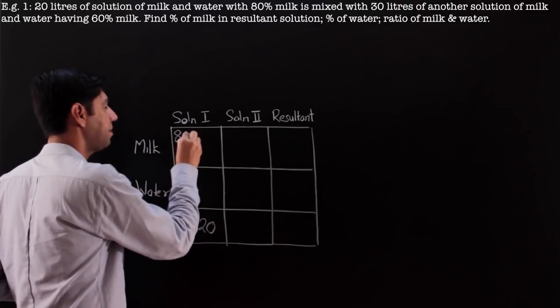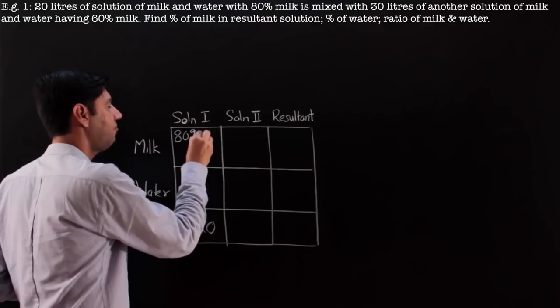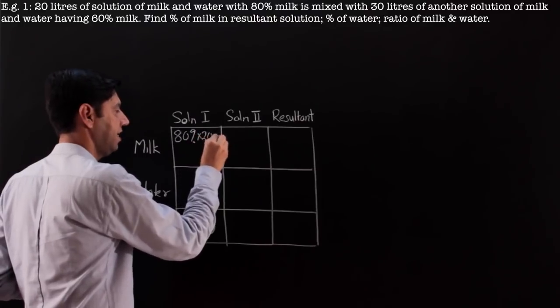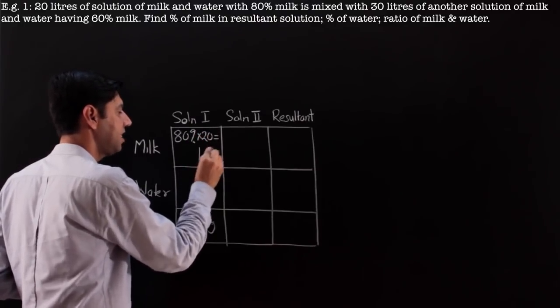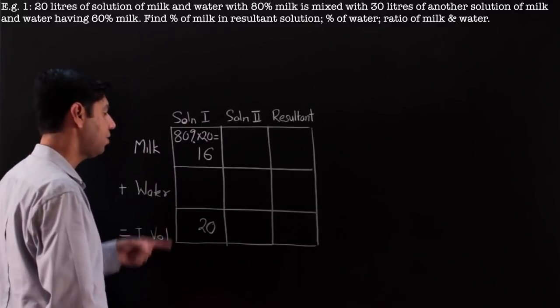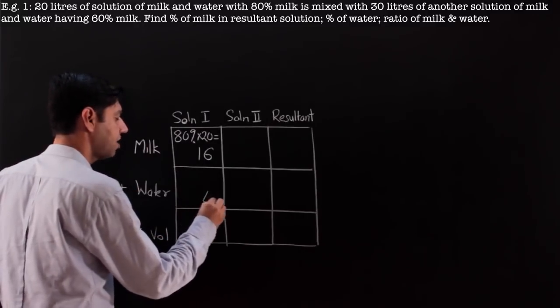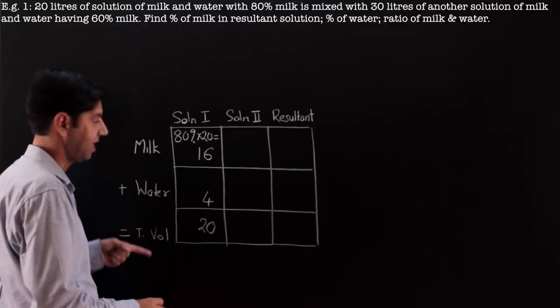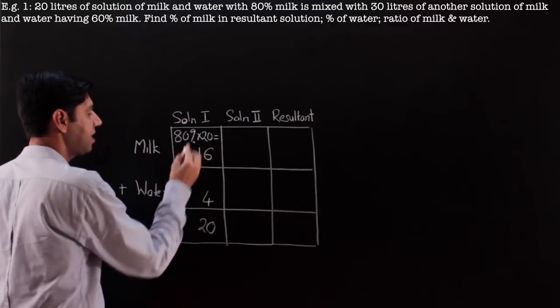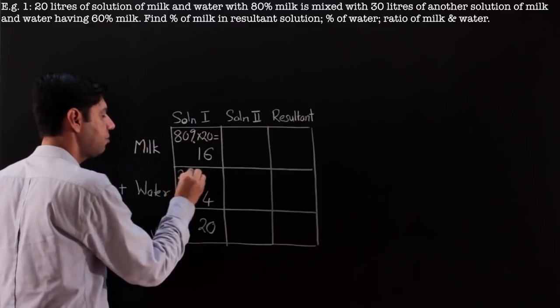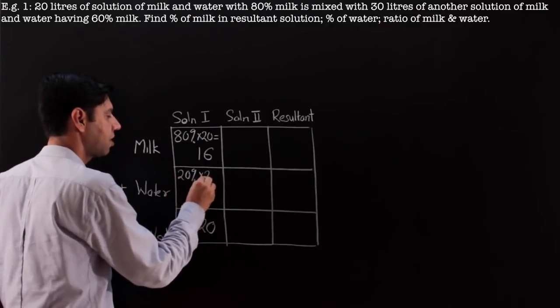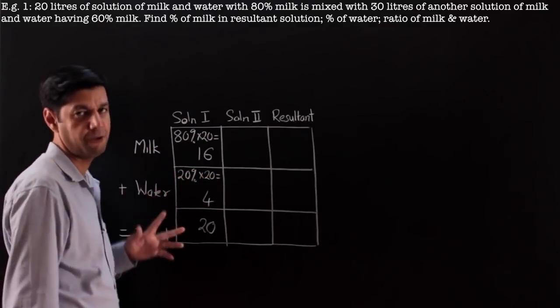It has 80%. 80% of what? 80% of 20 liters. That is, it is going to have 16 liters of milk. If I know total is 20 and milk is 16, I obviously know water is 4 liters, by subtraction. However, we could even say if milk is 80%, water has to be 20% of the total volume, which is obviously 4 liters.